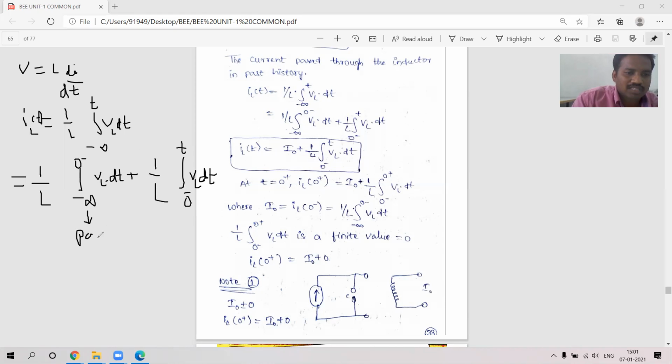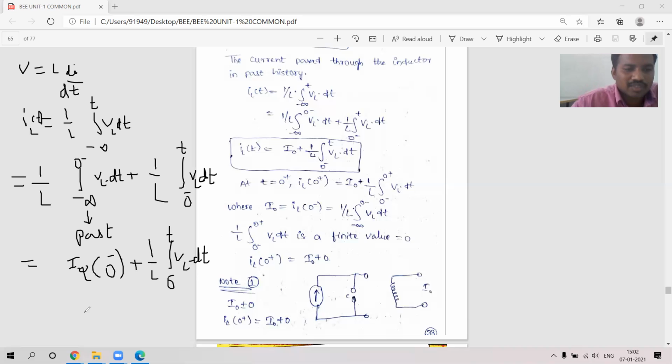So this term, 1 by L integral minus infinity to 0 minus VL dt, is just a past current, which I represent simply as IL of 0 minus, plus 1 by L integral 0 minus to t VL dt. So this is the equation I got.